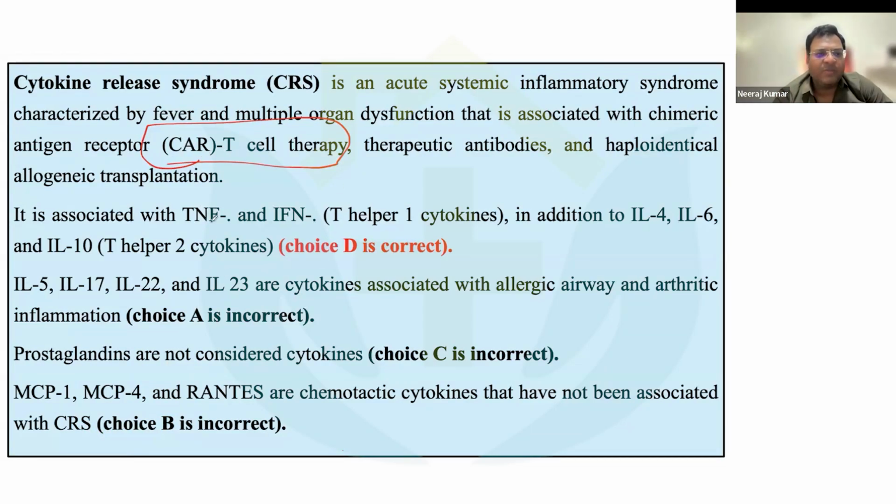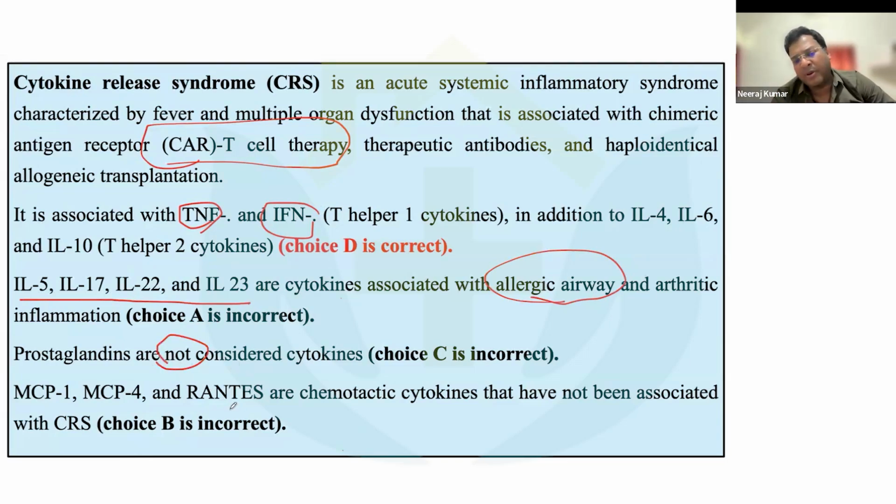The first option is right because it is associated with TNF alpha and interferon, like T helper 1 cytokines, in addition to IL-4, IL-6, and IL-10. IL-5, IL-17, and IL-23 are cytokines associated with allergic airway or arthritic inflammation, and prostaglandins are not considered cytokines. RANTES and monocyte chemotactic protein 1 and 4 are also chemotactic cytokines, and they are not associated with CRS.